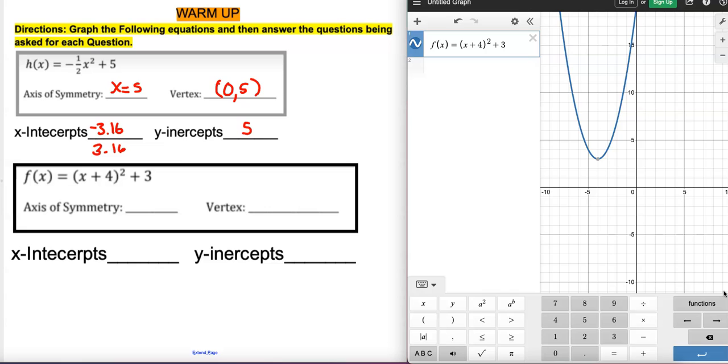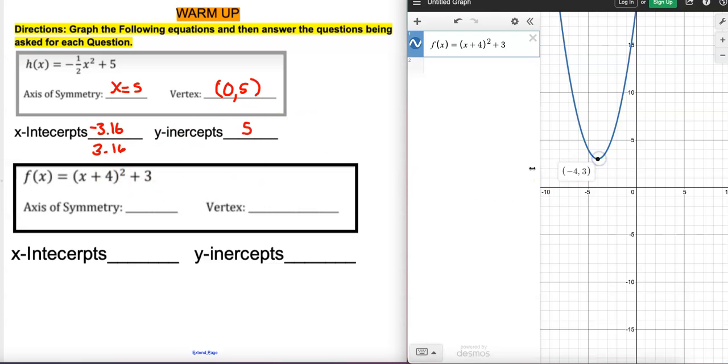Quite naturally, I can see my vertex very easily, which is at negative 4, 3. So negative 4, 3 is my vertex. My axis of symmetry is going to be this line. It's always the x coordinate of your vertex, so x is equal to negative 4.